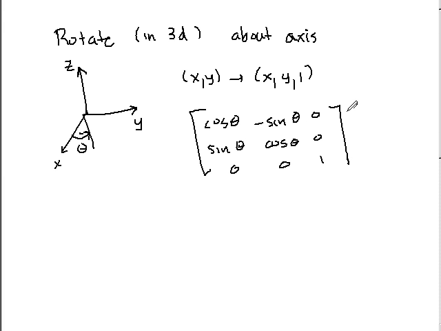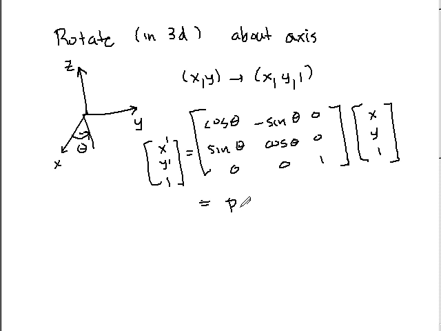Because if I multiply x, y, 1 by this matrix, I will get a new number, x prime, y prime, and then the last one is 0 times x, 0 times y plus 1. These are called homogeneous coordinates. So this corresponds to a rotation in the x-y plane around the z-axis.